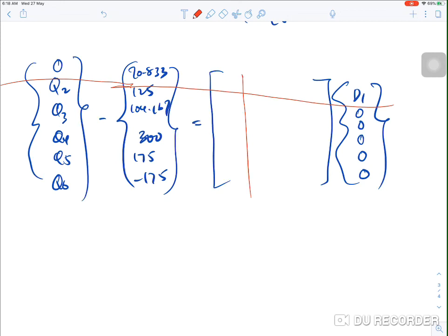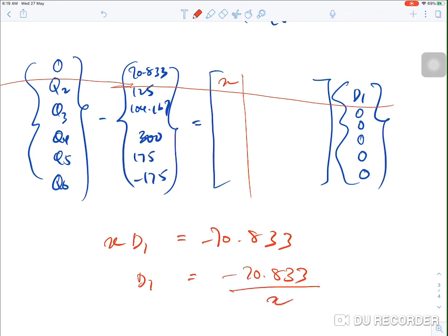Let's say if this is x, so x d1 is equal to 0 minus 70.833. So d1 is equal to negative 70.833 divided by x.